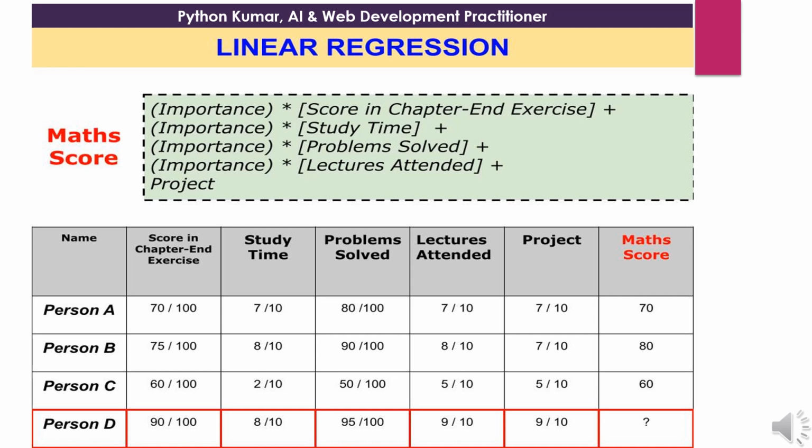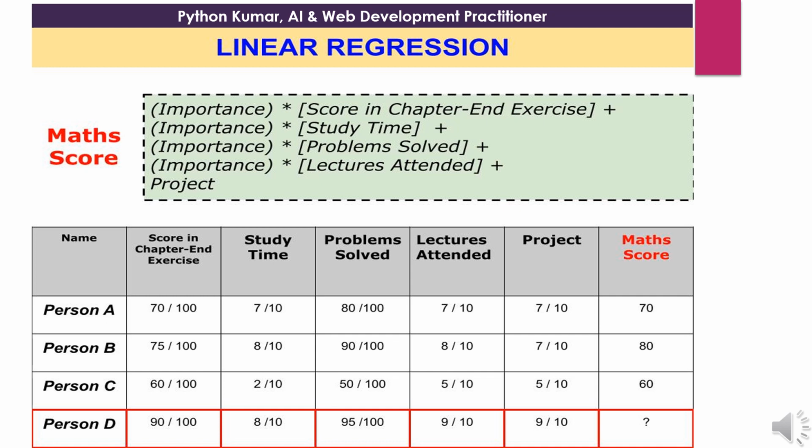Person A, person B, person C, all the data are given and also the math scores are given. That is, as I told you before, all the factors are given and all the answers are given. Now you have to figure out from the factors and the answers what the rule behind it is.